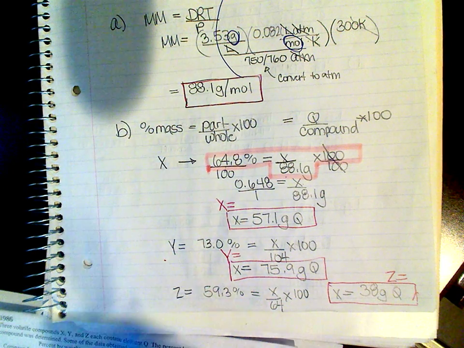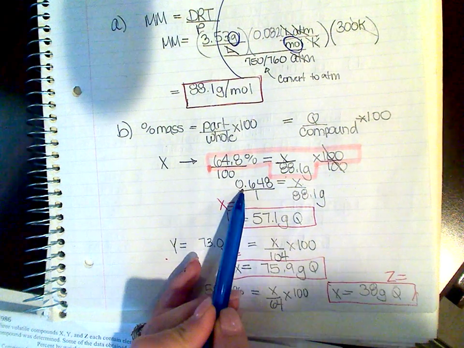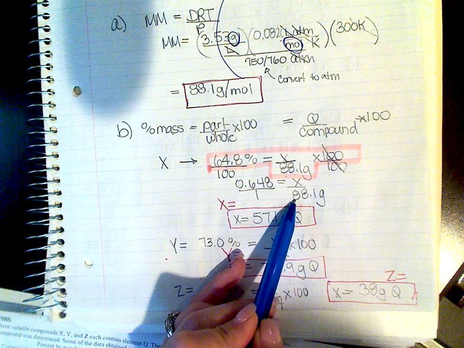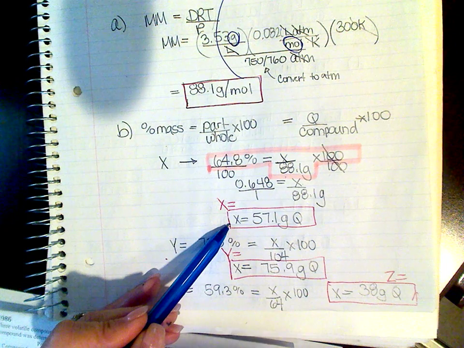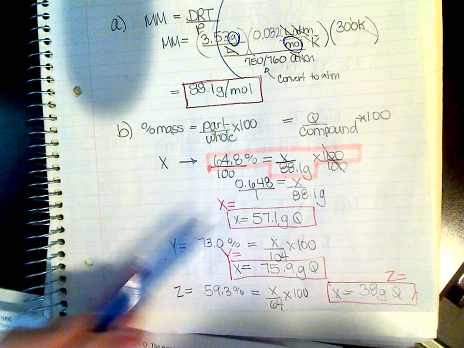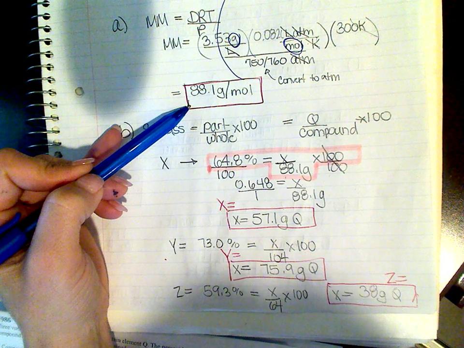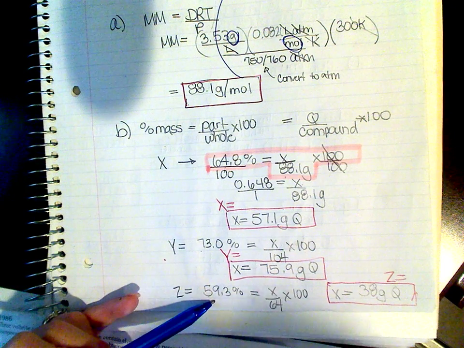But then what I did was, to get rid of this 100, I divide both sides by 100, and I get 0.648 equals X over 88.1. I'm going to cross multiply and divide, and this is the grams of Q that are in the 88.1 grams per mole compound of X. And so I did it with Y, and I also did it with Z.